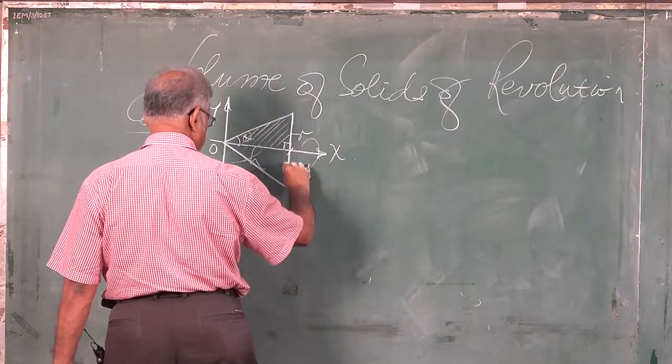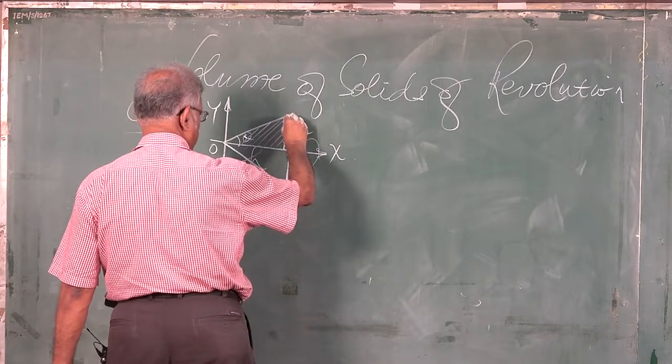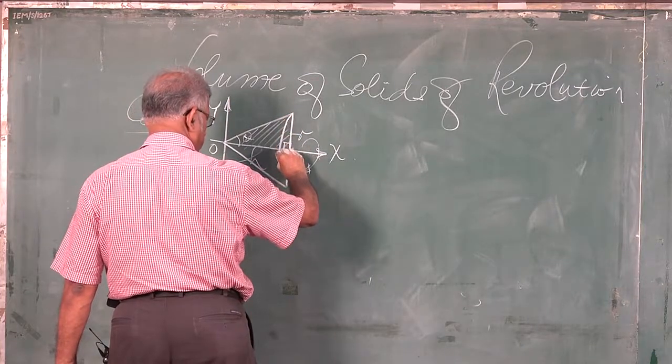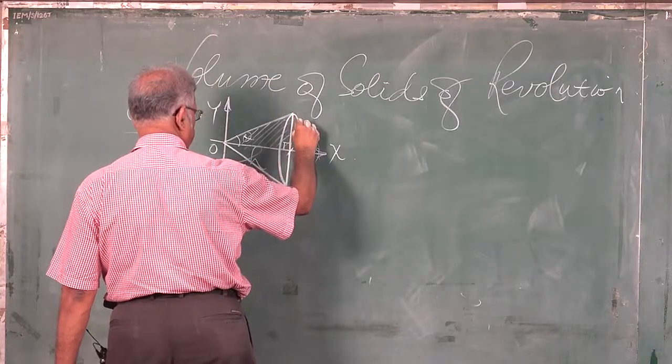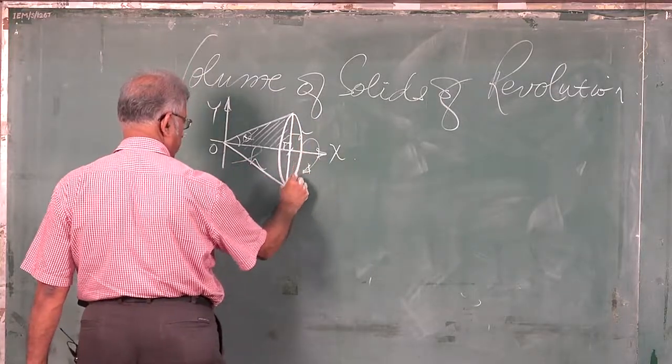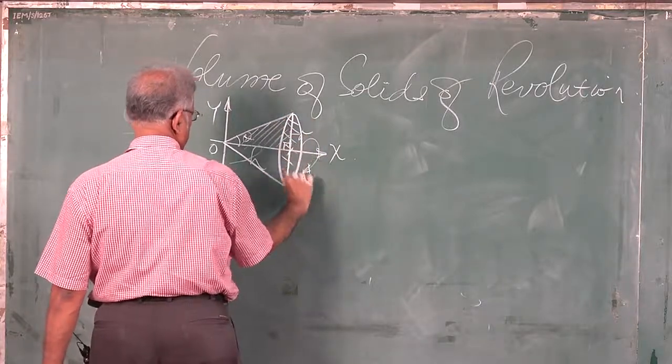After the revolution has been carried out, we will get a cone. I have tried to give a good depiction of the resulting cone. This is the base area of the cone.